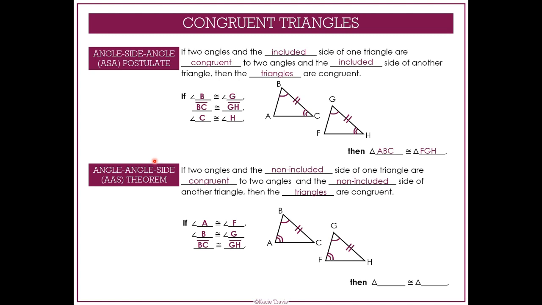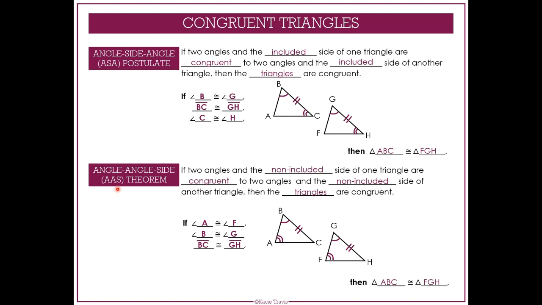So it has to be in this particular configuration for this. It's a little confusing because these two do share the same letters, but just be aware this has to be an angle, then a side, then an angle. This has to be an angle, and then a side. Just keep that in mind as we go through this. So, because this is the information that we have, we could say that ABC is congruent to FGH.